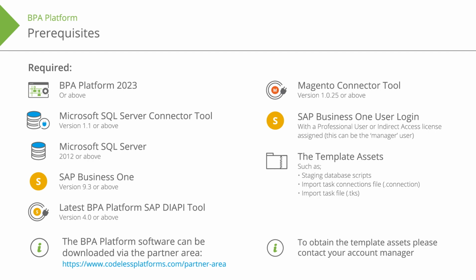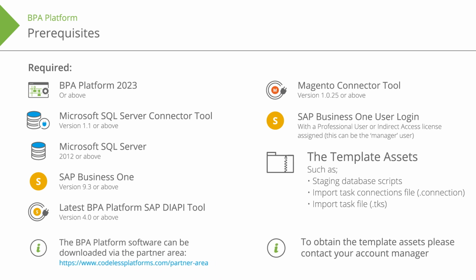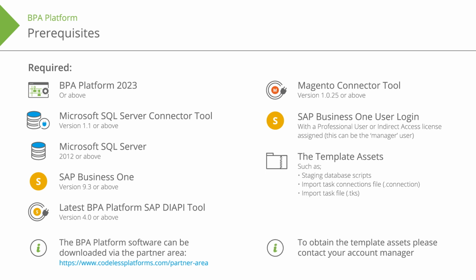The BPA platform related software can be downloaded via the partner area on the Codeless Platforms website. To obtain the template assets, please contact your account manager.